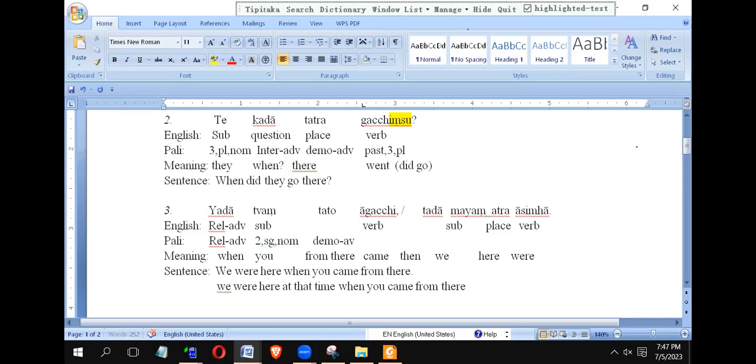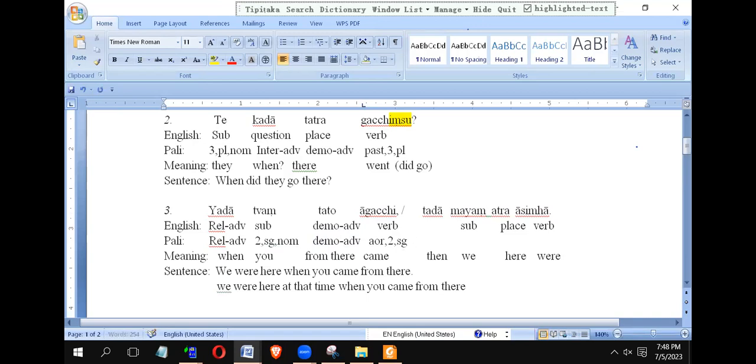Okay. So Pāḷi and English can just be put together. It's the same also. How about agachi? Agachi is a past tense. Aorist. Past tense aorist. Then second person, singular.